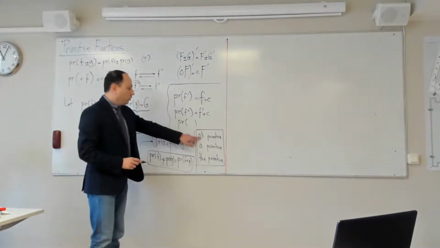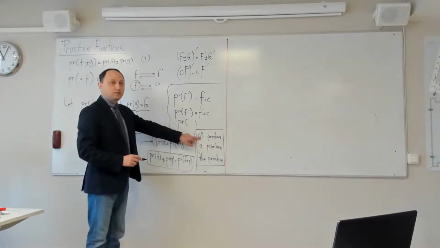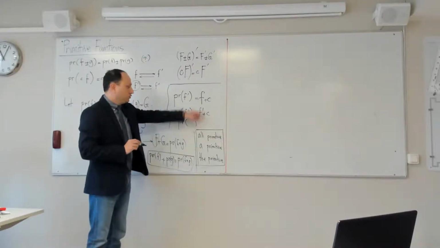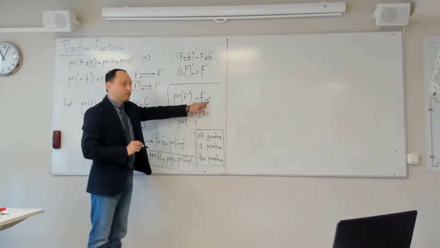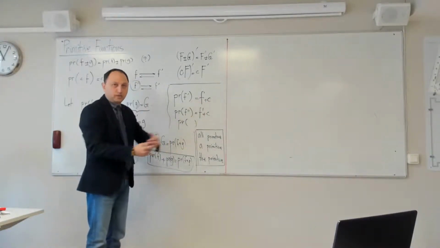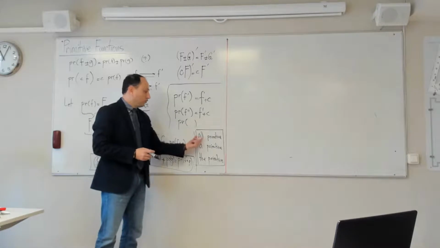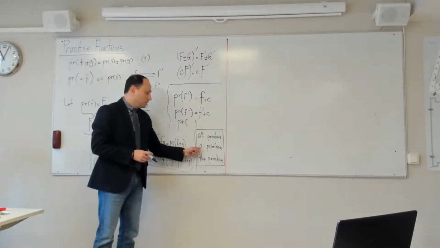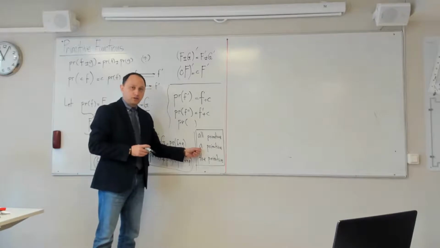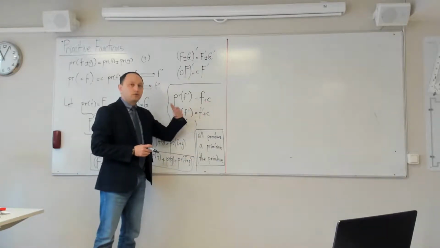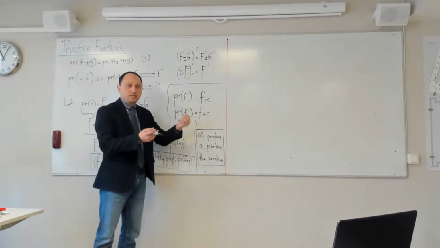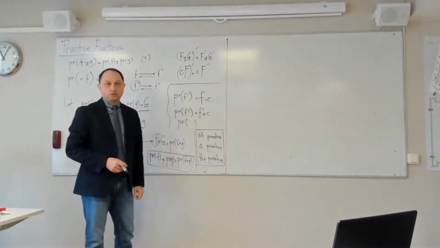When they say all primitive functions, it means that you need to show the examiner that you know about this. You have to put this C there. You are showing the examiner that you know the meaning of all. But if I ask you about a primitive function, you can choose whatever you like for C. Of course, the easiest choice is 0.